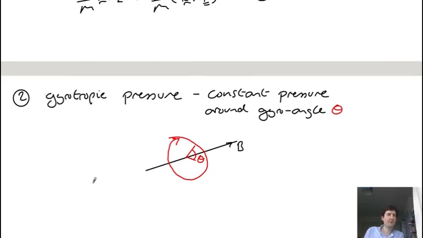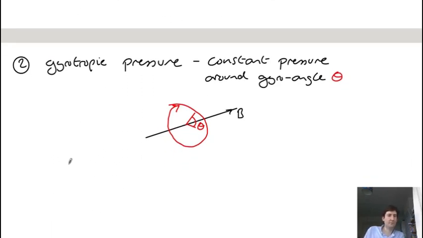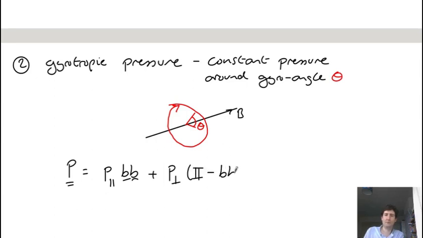Depending on where the particle is on this angle, the pressure is constant, and then it's gyrotropic. And to get this, the pressure has to be some kind of a parallel pressure plus a perpendicular pressure times the identity minus BB. And this is the closure that CGL uses. CGL MHD uses this.